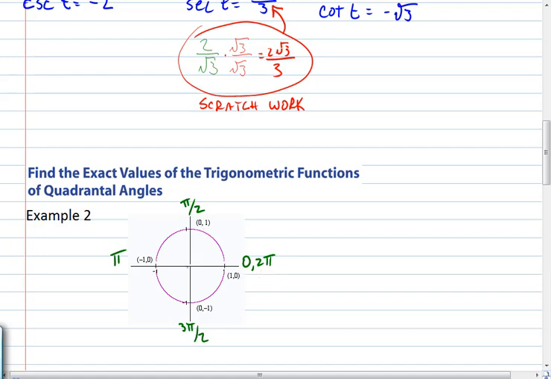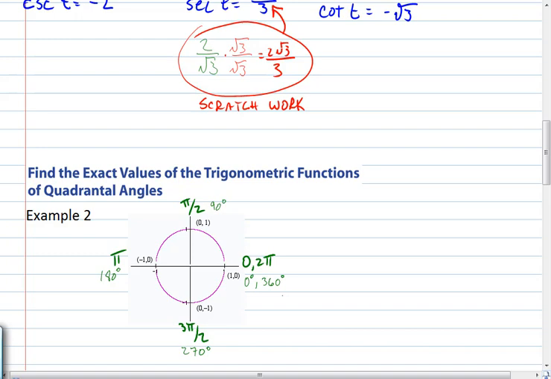How do I know? Because the distance from the center of the circle to the outside edge is 1. Now, if I were to measure this in degrees, we would be looking at 0 degrees, 90 degrees, 180 degrees, 270 degrees, and then back to 360 degrees.